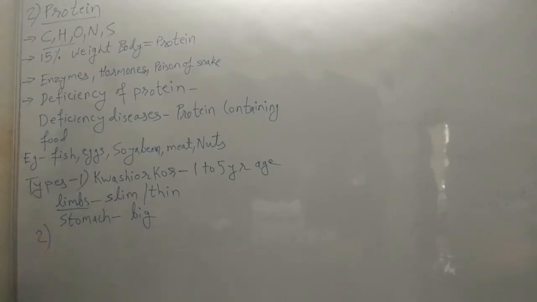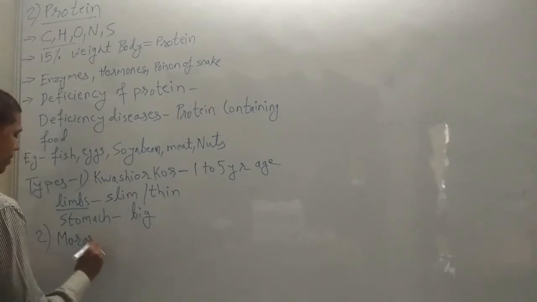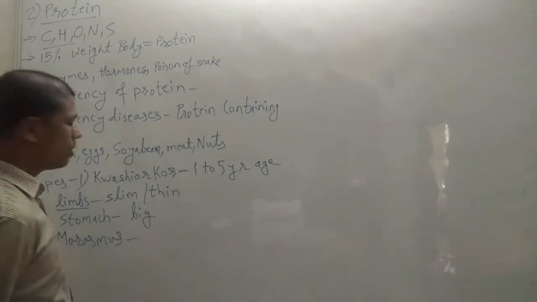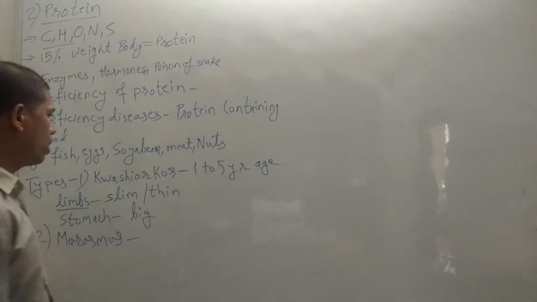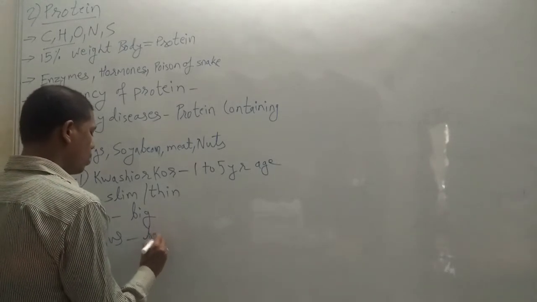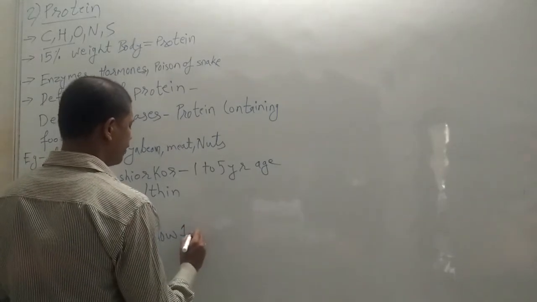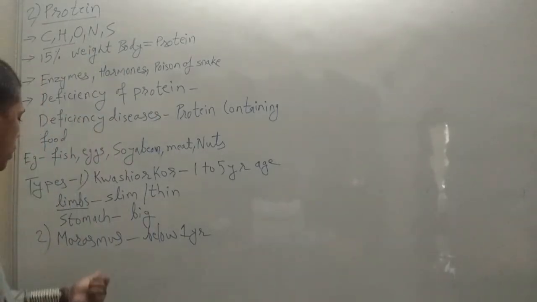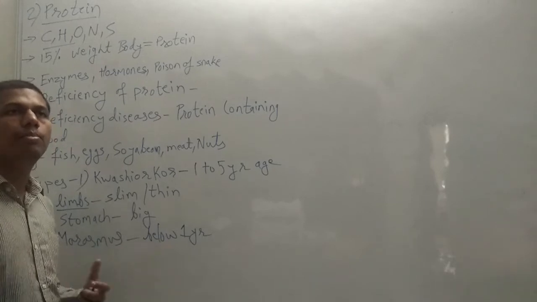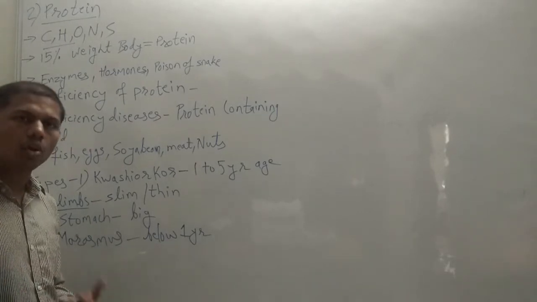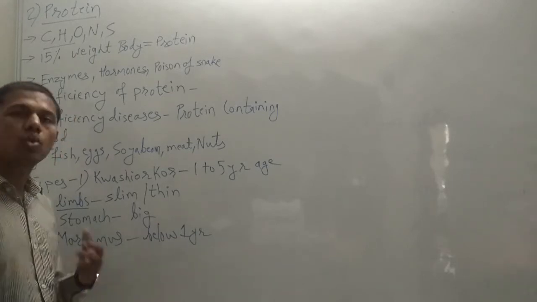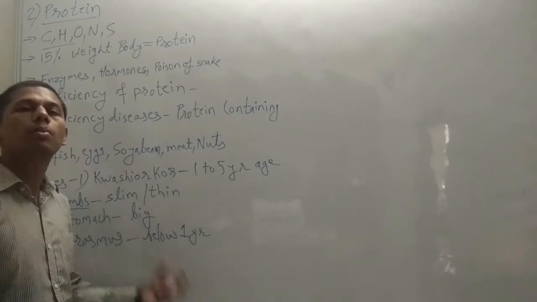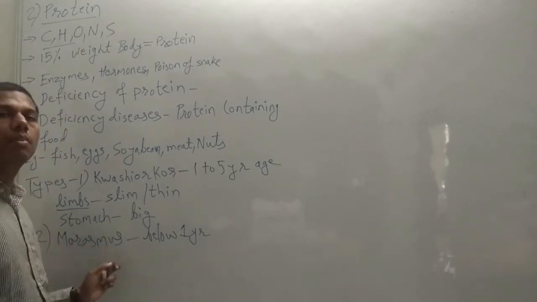The second type of protein deficiency disease is marasmus. It occurs in babies below 1 year of age. Why does it occur? Because the baby is not getting proper nutrients, or the mother's milk is not available properly, so the baby is deficient in protein, and that disease is called marasmus.